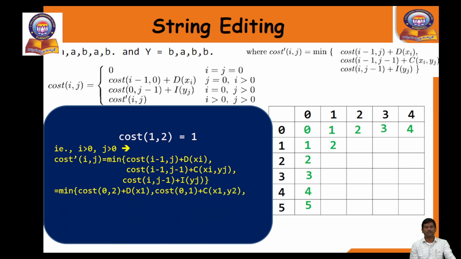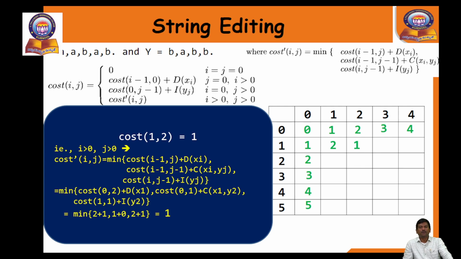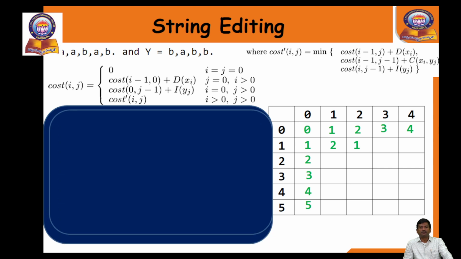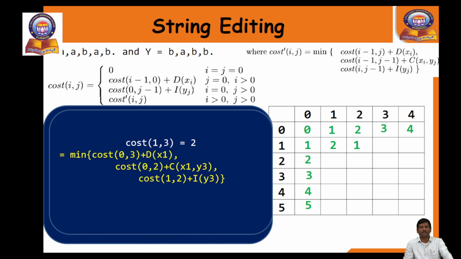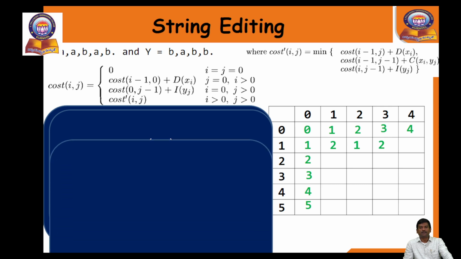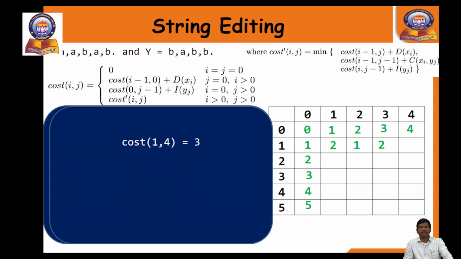Replace the values of your i, j respectively, and you get the values 3, 1, 3, out of which the minimum is equal to 1. So cost of 1 comma 2 will be equal to 1, and similarly cost of 1 comma 3, using the same formula, cost dash of i comma j, you get the value to be equal to 2.